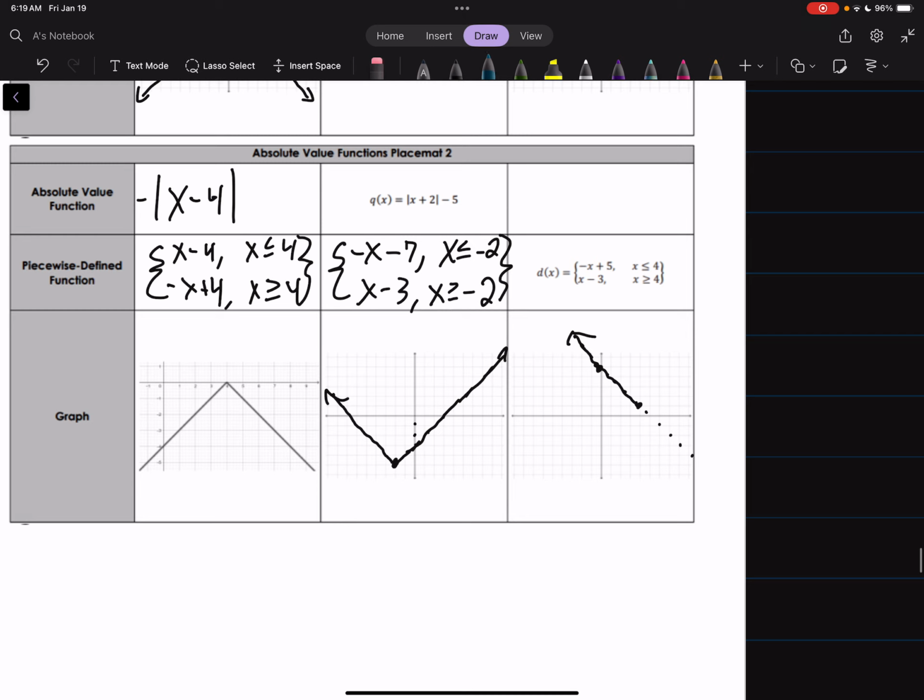Okay, x minus 3. If I could draw straight. You want it on the right side of 4.